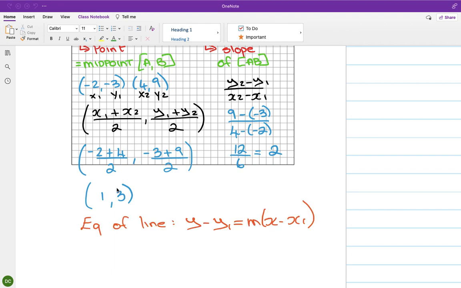Okay, that worked. Right, so the point is here, so that's x1 and y1, and the slope of the line I want is perpendicular to AB.